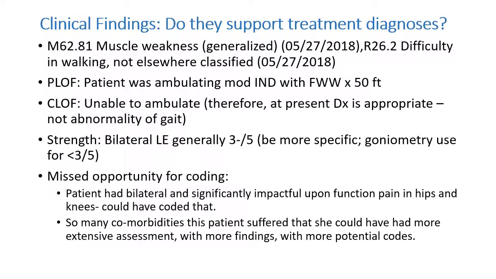Also, this patient had a lot of comorbidities. Let me tell you about the medical diagnosis this patient had coded by the therapist. Morbid obesity. That was the only medical diagnosis. And this patient had diabetes, peripheral neuropathy, CHF, lots of different medical issues.